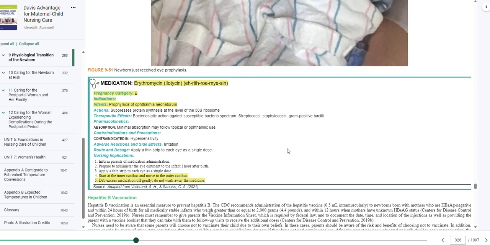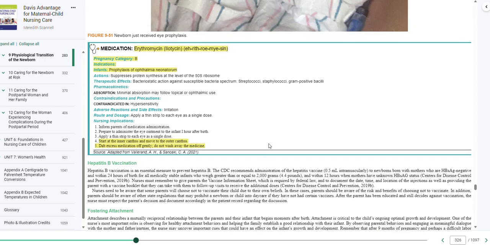It's very, very, very important for you not to touch the baby's eye with the tip of the ointment tube, okay? It's metal, it can scratch the baby's cornea. So you do not touch any part of the baby with that. You hold it up and away. You start with the inner canthus and go to the outer canthus without touching the baby. Okay? So, know that.